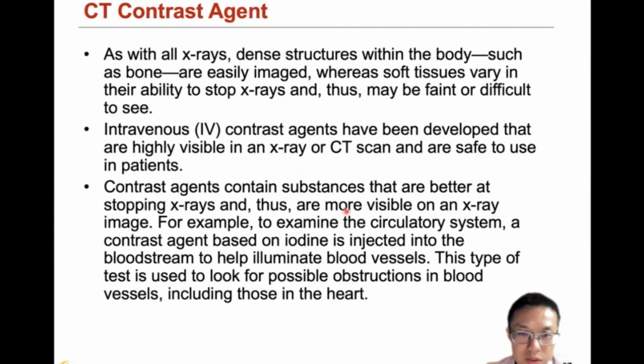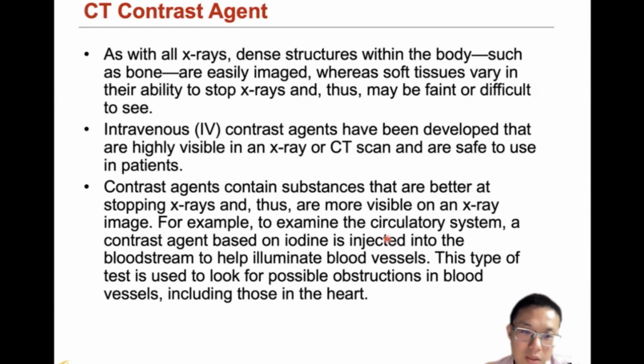The contrast agent contains substances that are better at stopping X-rays. So in this case, the tissue will be more visible on X-ray images. For example, to examine the circulatory system, a contrast agent based on iodine is injected into the bloodstream to help illuminate blood vessels. Okay, so this type of test is used to look for possible obstructions in blood vessels, right?